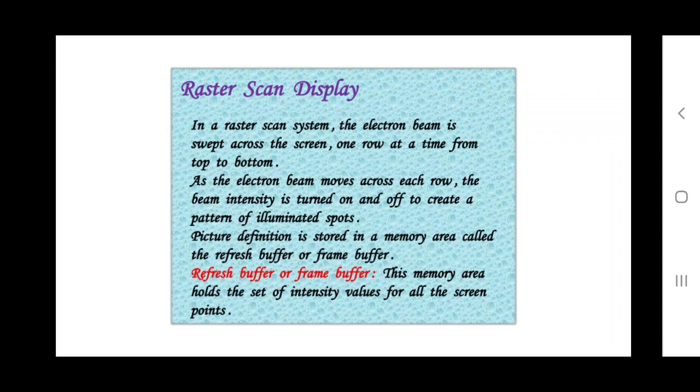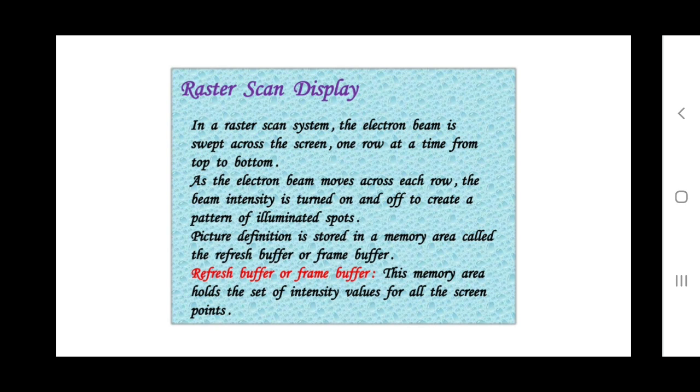Coming to the next slide, we have two types of displays. First is the raster scan display, and the other one is the random scan display. In a raster scan system, the electron beam is swept across the screen, one row at a time, from top to bottom. As the beam moves across each row, its intensity is turned on and off to create a pattern of illuminated spots.